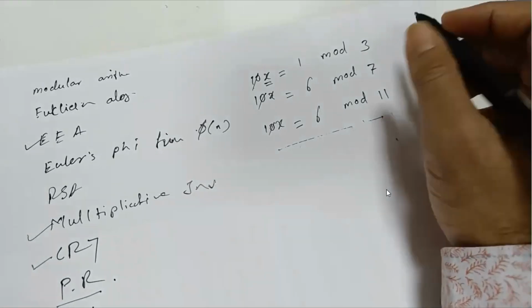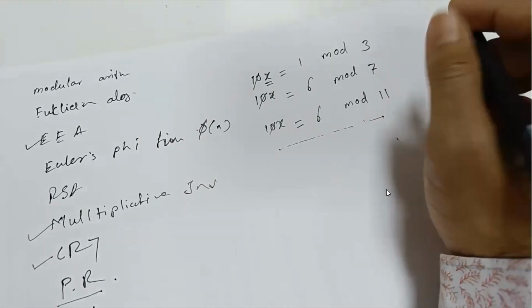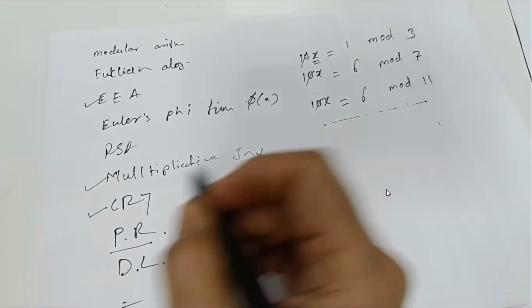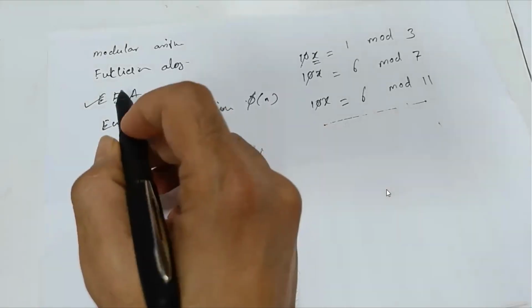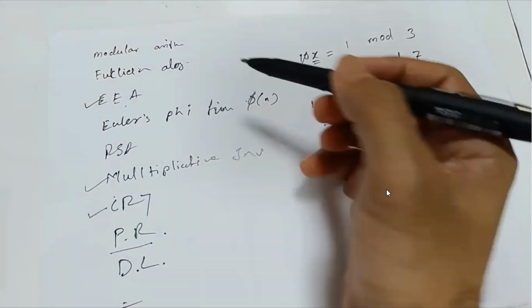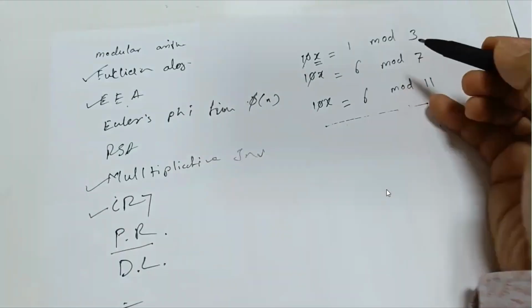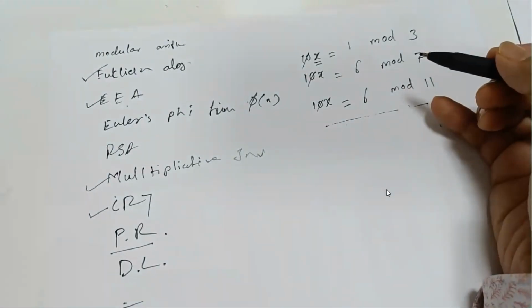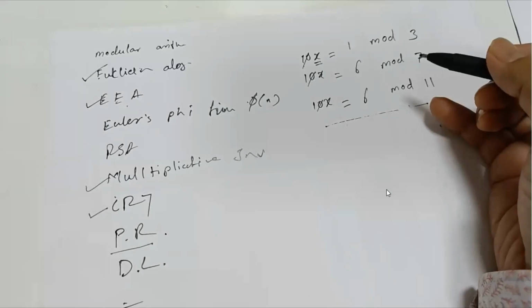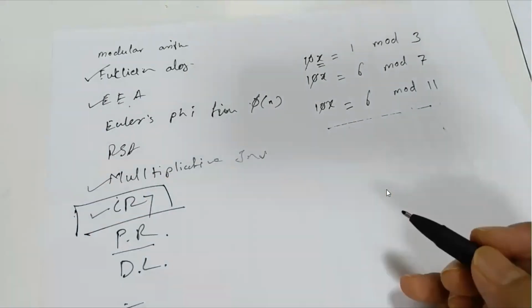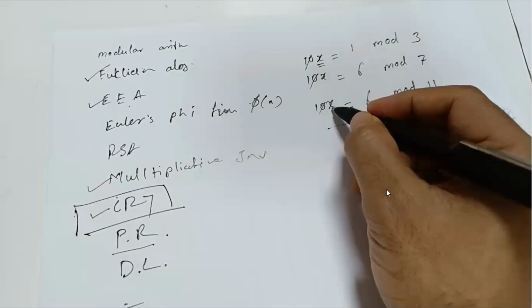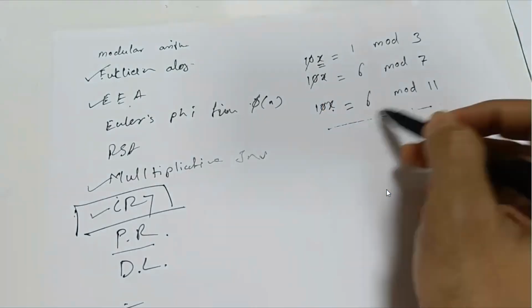And we have done a lot of calculations there, where multiplicative inverse is used, extended Euclidean algorithm is used, and Euclidean algorithm is also used. But finally you have calculated CRT, and CRT is used to find out the value of x in these equations.